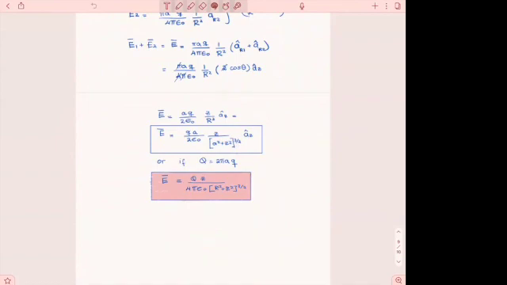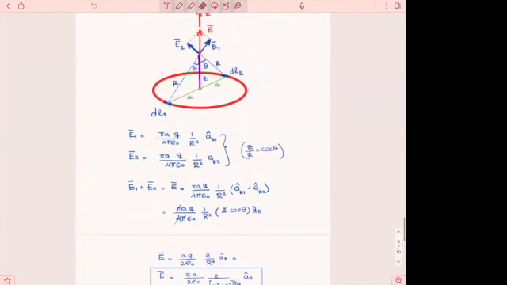I'm not looking at other places, and I will explain why, but through the line that goes through the center of the circle. Okay, what do I see there? I see that when z equals 0, which means I am right on the surface of this circle, the field is 0. The same thing that happened with the square. All right, because all of the charges around the circle will cancel each other.